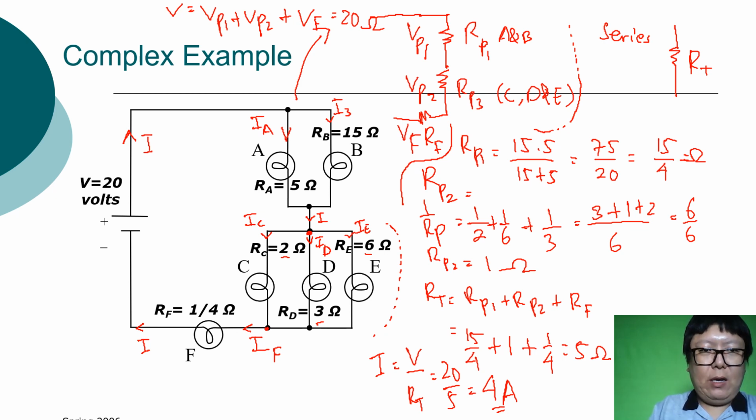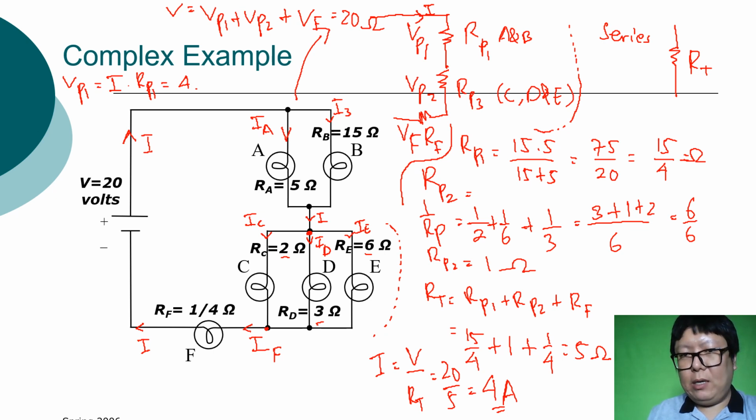Okay, how to count the VP1? So the VP1 is equal to I, the I total, right? This is I total, times RP1. So the I is 4 times RP1. RP1 is 15 per 4.